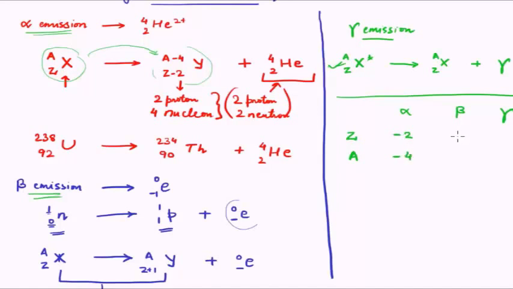Beta leads to an increase of atomic number by 1 and no change in the atomic mass. Therefore, isobar is formed. Gamma radiation, no change in atomic number or in atomic mass. Only energy is being released.